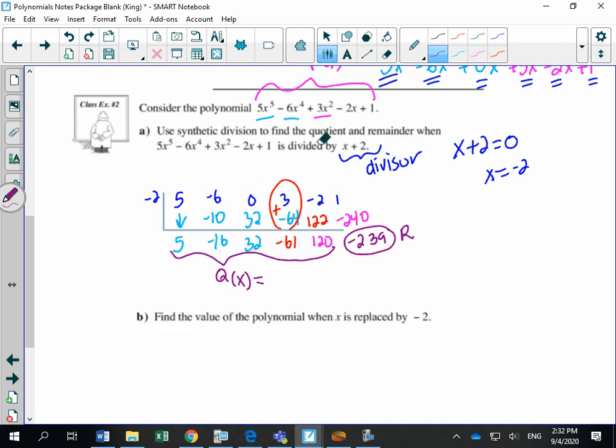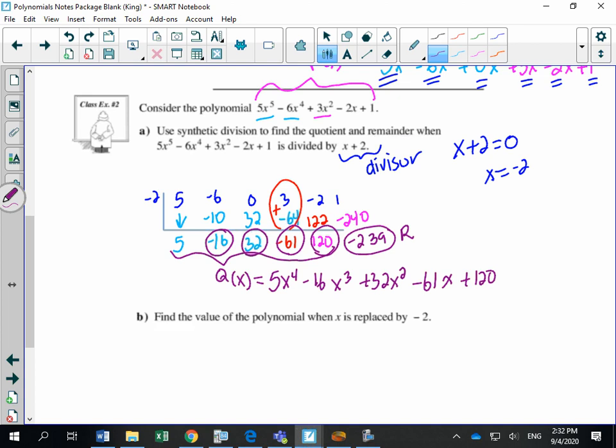So my quotient is going to be 5x to the 4 minus 16x to the 3 plus 32x squared minus 61x, and then there's my constant, plus 120.